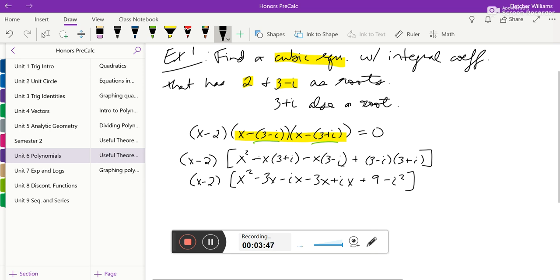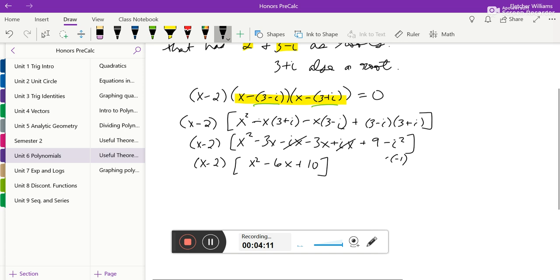Okay, so the minus ix and the plus ix go away, and we get x squared minus 6x plus 9 minus i squared. So minus i squared is minus negative 1, so it's like a plus 1. So it's plus 10.